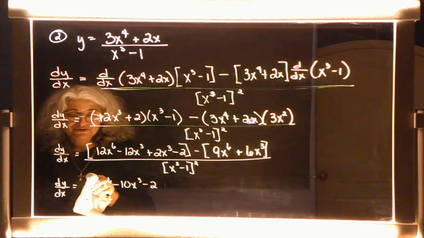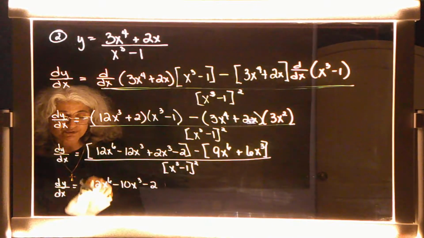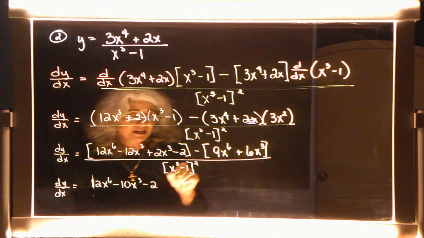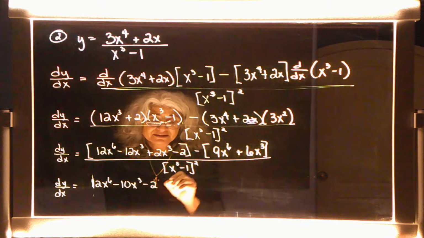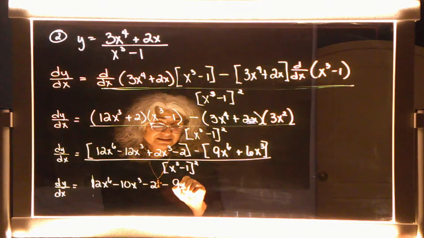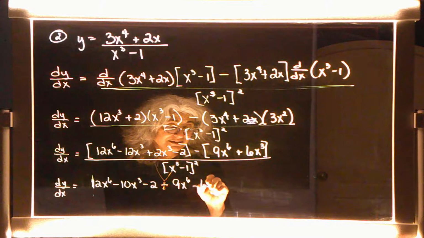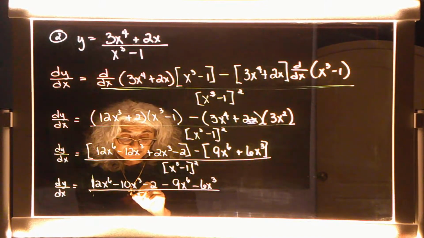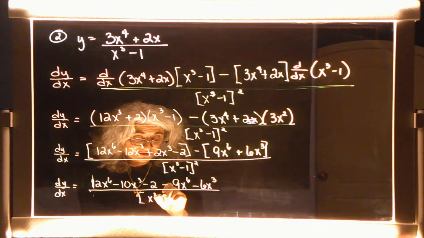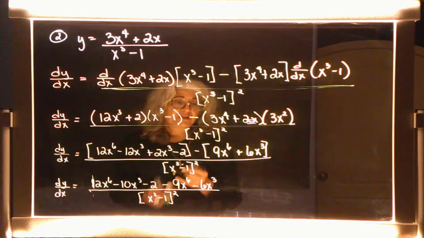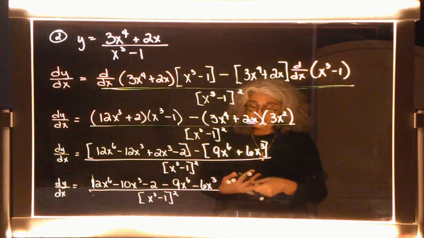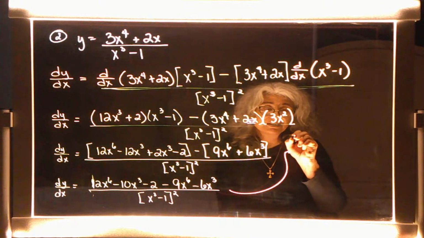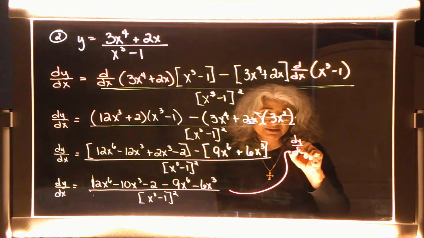Because there's nothing in front of this bracket that I have to distribute, so I'm not worried about it. And then here I'm distributing the minus sign. So that's a minus 9x to the 6th minus 6x cubed all over this denominator squared. Yes? Okay. Let's see then the derivative of y with respect to x.